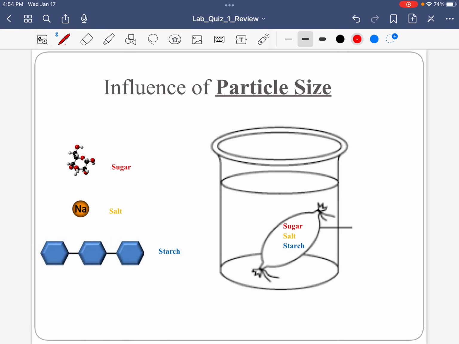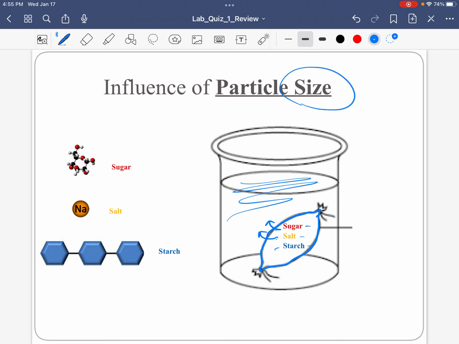Okay, then we would have looked at particle size. Here, we would have made a beaker of water and also had a dialysis tubing bag, but this time we would have filled the bag with a solution containing 3 things: sugar, salt, and starch. In this one, we were looking to see, of these 3, sugar, salt, and starch, which would be able to diffuse out of the bag.